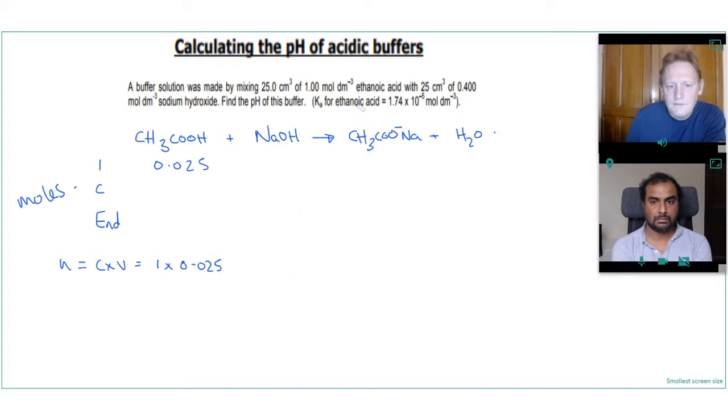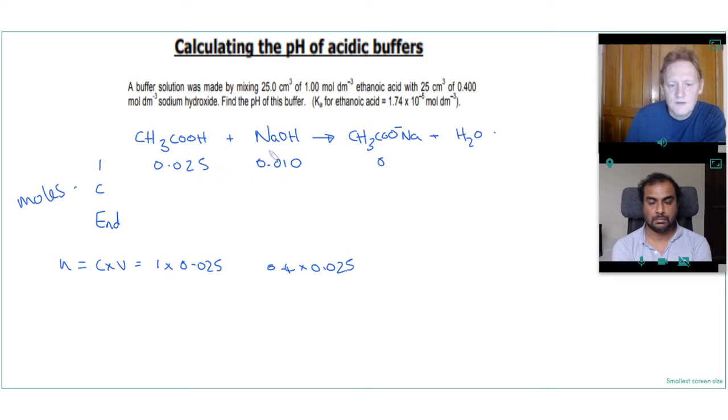And for our sodium hydroxide, concentration is 0.4 times by the same volume, 0.025. And that gives us a number of moles of 0.01. Okay, and we've got nothing of the salt initially.